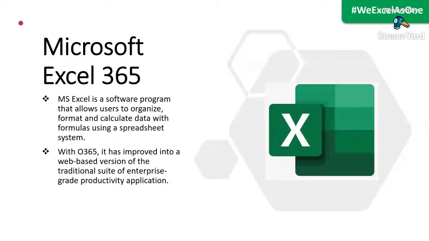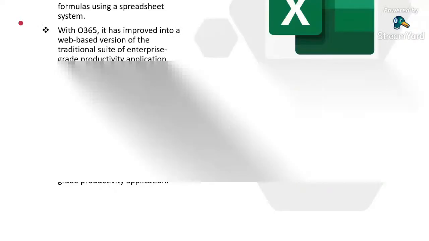But with Microsoft 365, Excel has improved into a web-based version of the traditional suite of enterprise-grade productivity applications. This means we can now share our spreadsheets online or in the cloud with the help of OneDrive and SharePoint to collaborate with our colleagues, and we can invite them to edit the same file in real time.